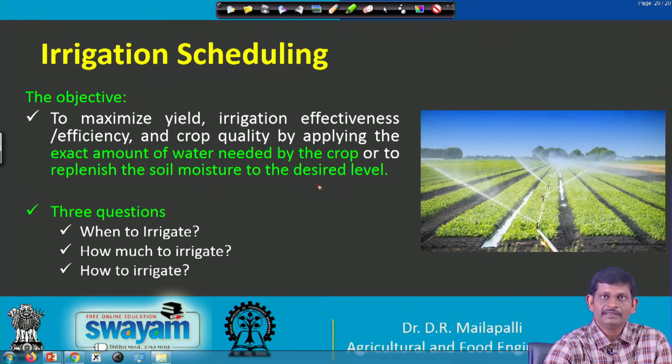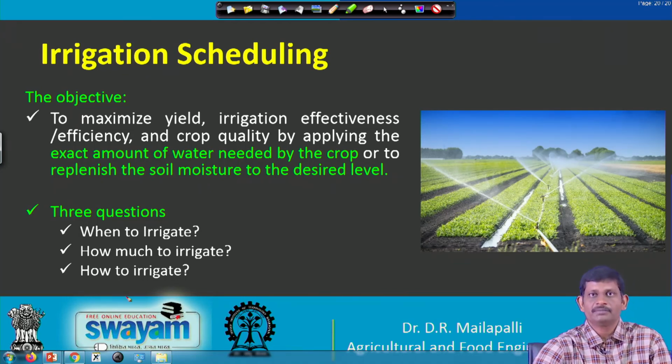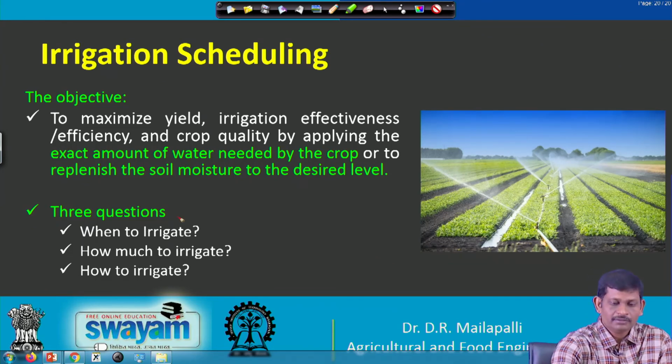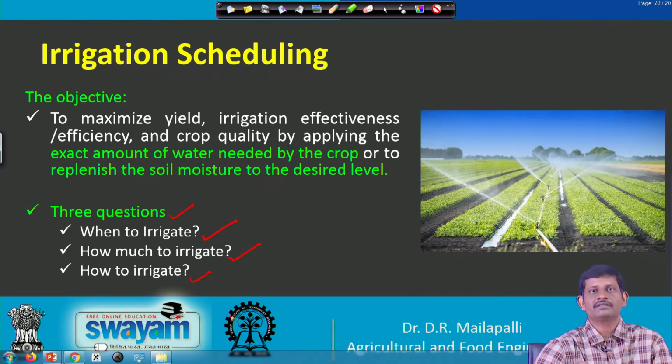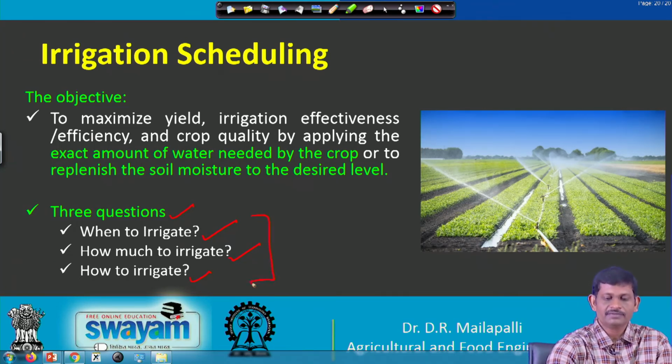Basically, we are giving exactly the water the crop requires. That is the main thing. We replenish the soil moisture based on our threshold. There are 3 questions here: when to irrigate, how much to irrigate, and how to irrigate. In scheduling we need to consider these 3 questions.